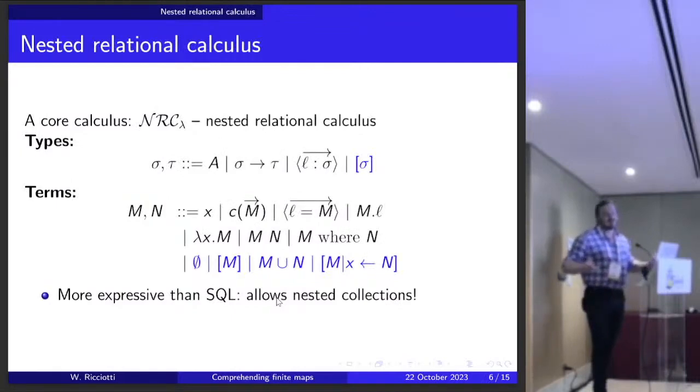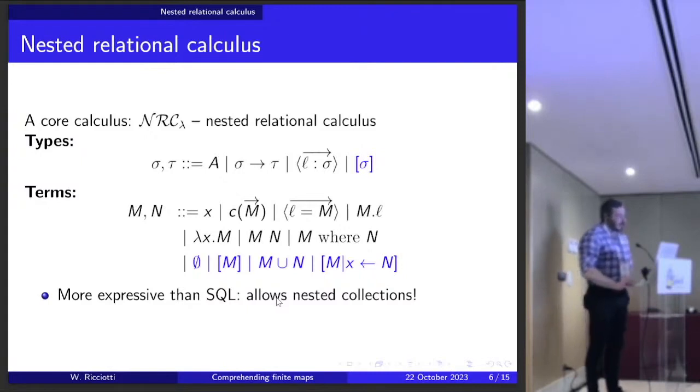Naturally, this appears to be a rather complex problem to match a general purpose programming language with a rather idiosyncratic declarative database language like SQL. A very successful way of managing this has been through the use of a core calculus called the nested relational calculus, which essentially identifies an overlapping portion of functional programming languages and SQL.